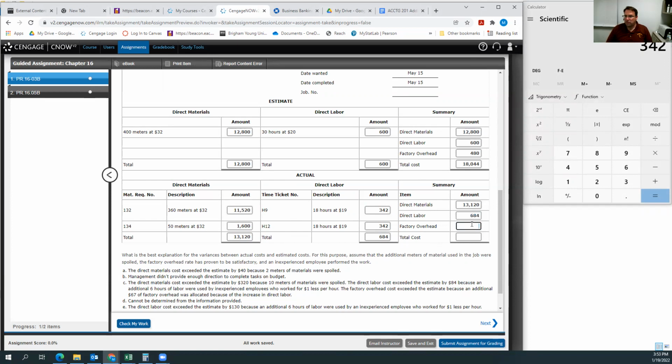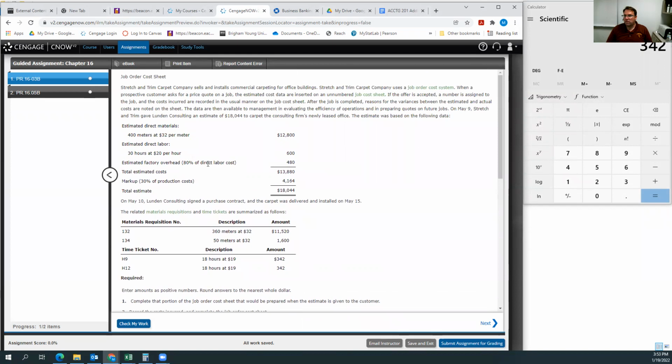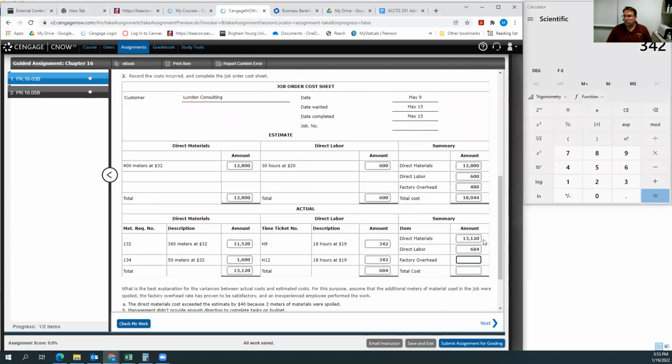And then remember, our factory overhead is 80%, it tells us, of our direct labor costs. I'll take our direct labor, 684 times 0.8 for 80%, and I get 547.20. It tells us up above to round to the nearest dollar. So 547. 13,120 plus 684 plus 547 gives us 14,351.